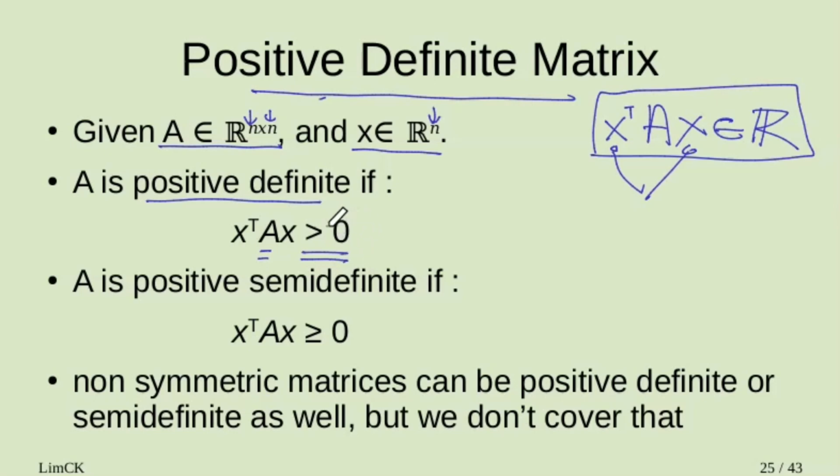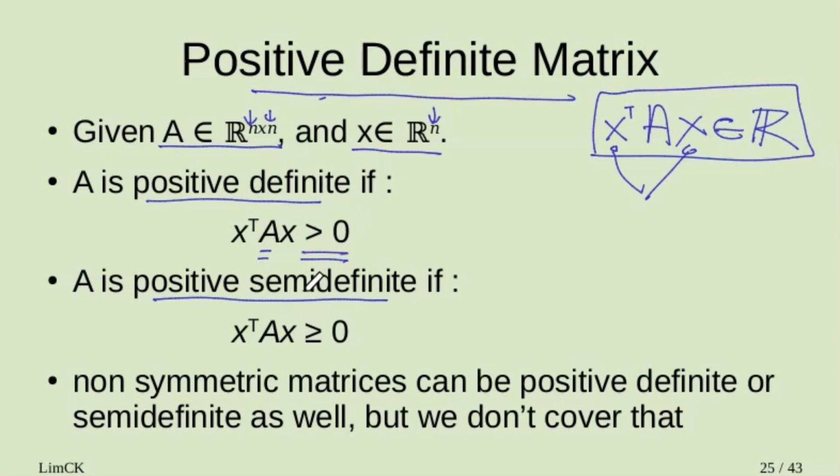If the value produced can sometimes be 0, so greater than or equal to 0, we call this positive semi-definite. Semi-definite can be 0. Definite, no 0. All positive values, I mean.